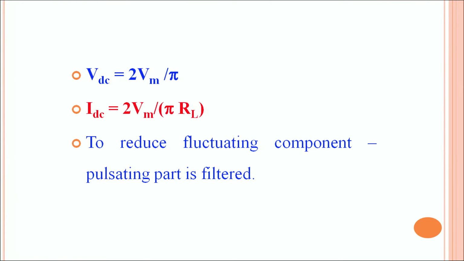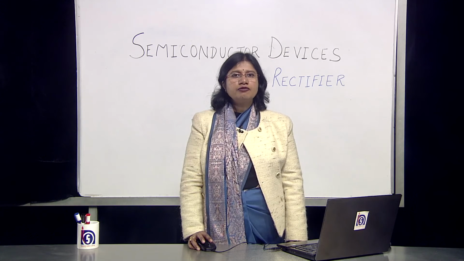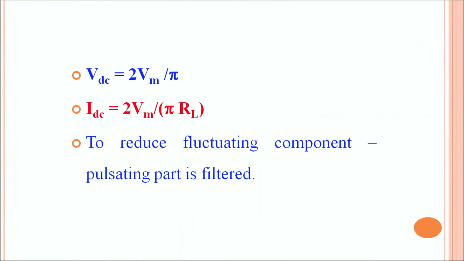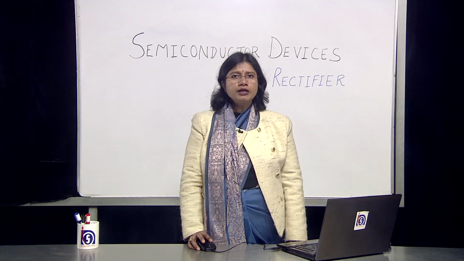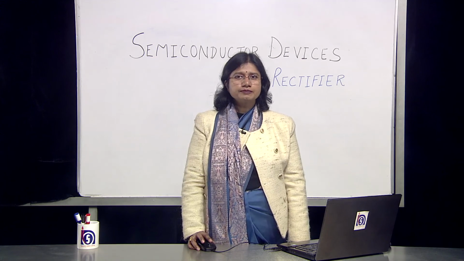Over here we directly see that the amount of current and the amount of voltage is 2 times as compared to the half wave rectifier, making it a much better kind of rectifier. What we observe is that there are still fluctuations in the circuit. To understand it, let's have a look at what a half wave and a full wave output looks like on the board.